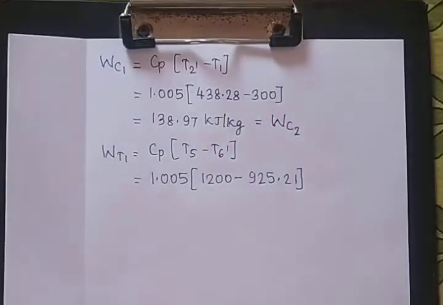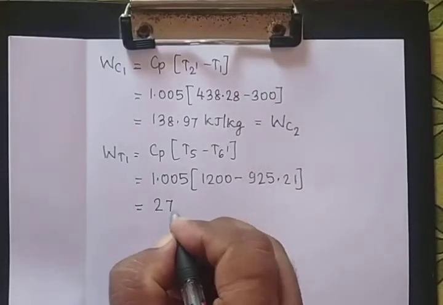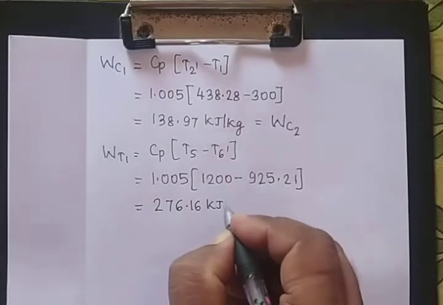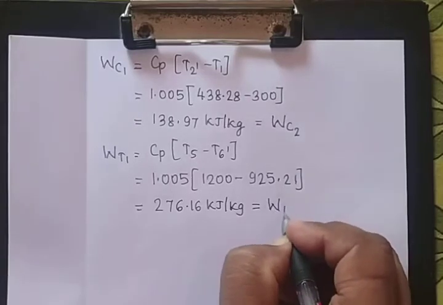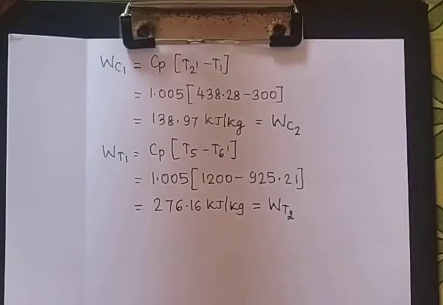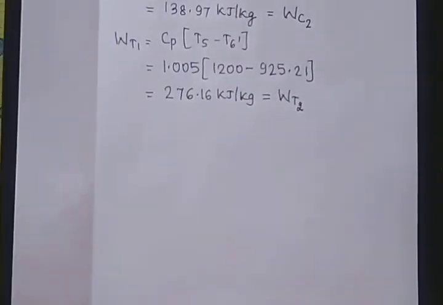So calculate, we get the answer as 276.16 kilojoules per kg. Similarly here also work done by turbine 1 is same as work done by turbine 2, because the efficiencies of the turbines are same, the temperatures are also same.